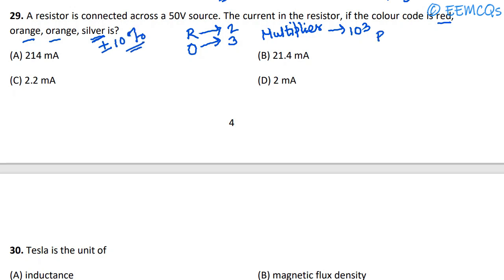So the resistance of the resistor is 23 kilo ohm plus minus 10%.